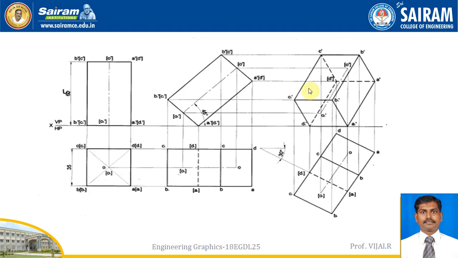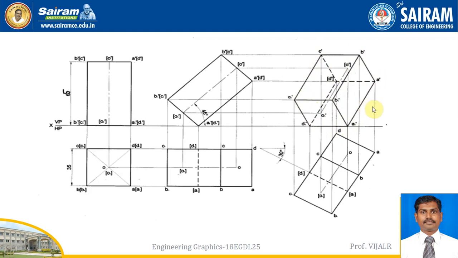Okay, to draw the front view, again the problem is how to make the visible and invisible. First, clearly you can draw the bases. Use very thin lines, first complete the top base and bottom base, and join the bases with straight lines.